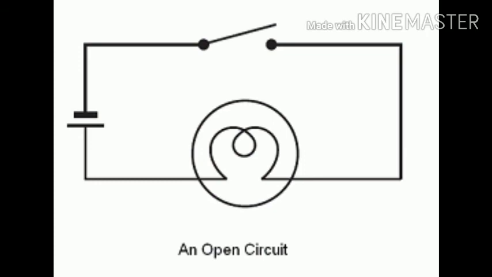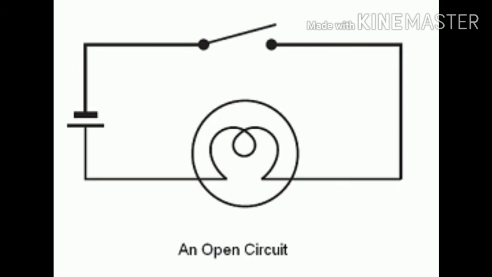How many cells? 2 cells. So, 2 cells we want to draw. Then, for a torch, we can see a switch. Here we are drawing a switch in the off position. And a bulb is there. So, this is how we can draw a diagram of a torch.